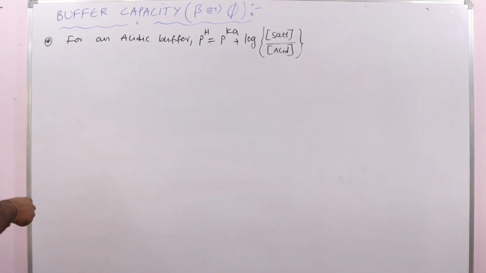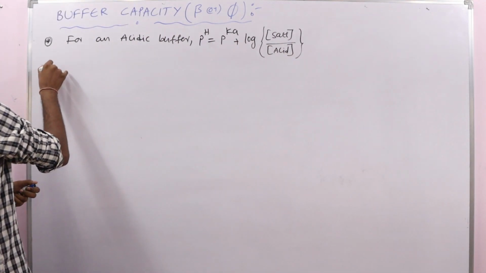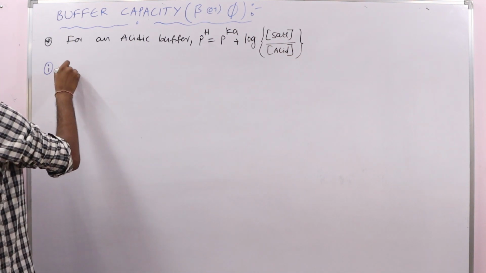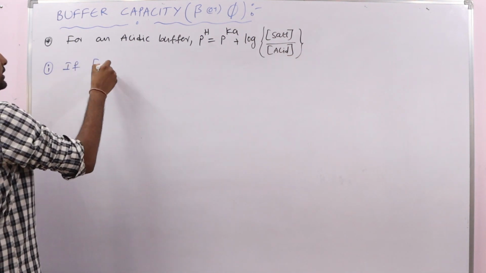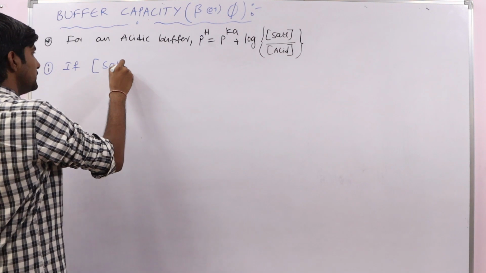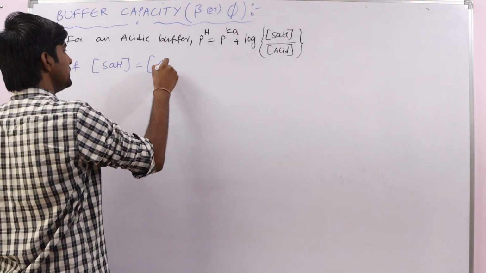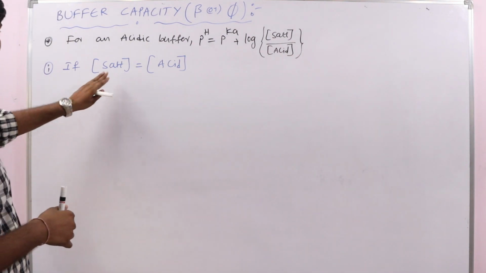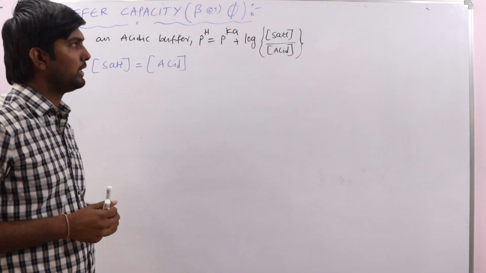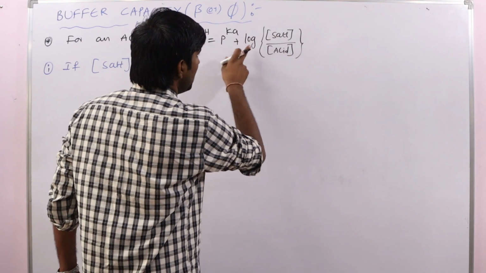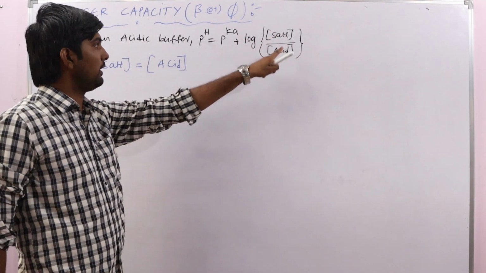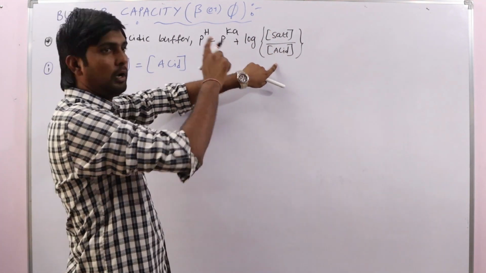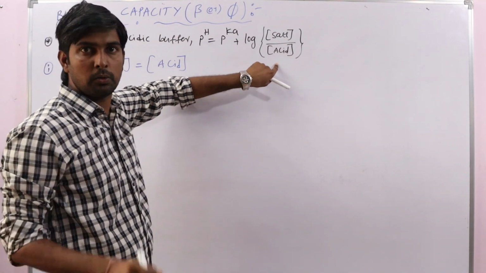Okay, so here we have three cases. First one is, suppose the concentration of salt is equal to the concentration of acid. Then what happens? See, both are the same, means both will get cancelled. Yes or no? So here we get log 1, and log 1 equals 0.